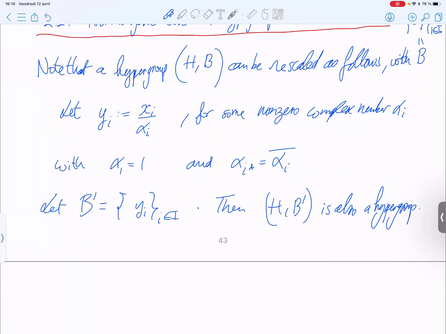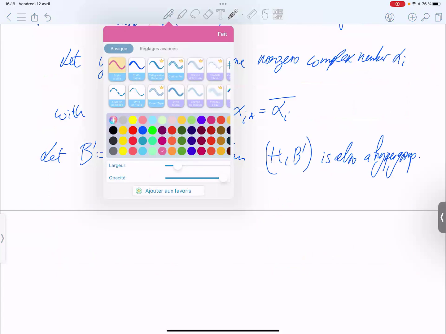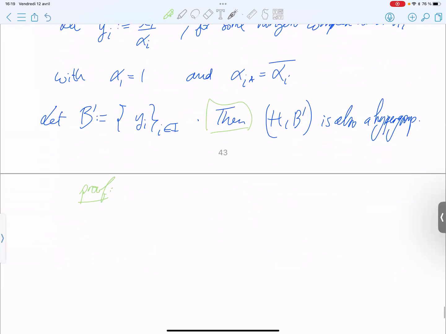Okay, so you have this new basis, and why is it also a hypergroup? Let me briefly prove this. So y1 is x1 over alpha 1, which is x1, because alpha 1 is equal to 1, is a unit.